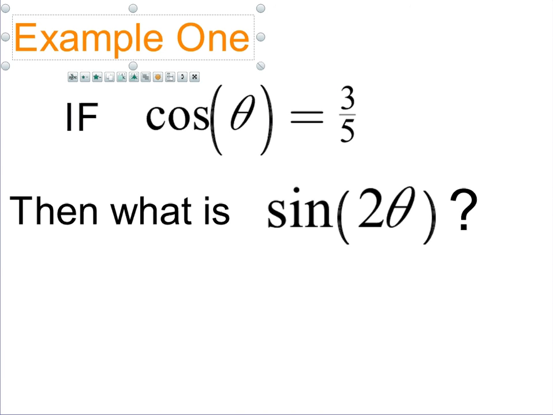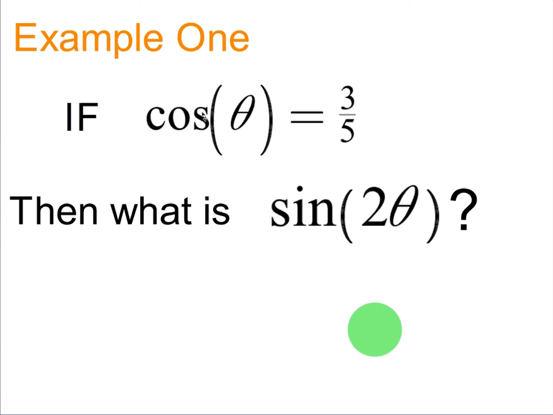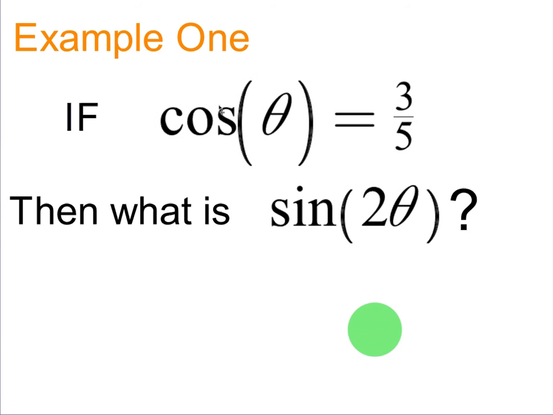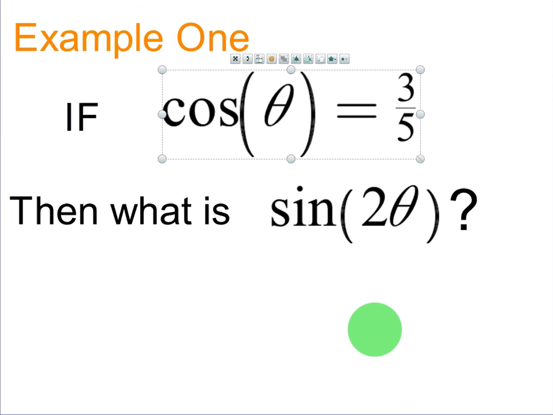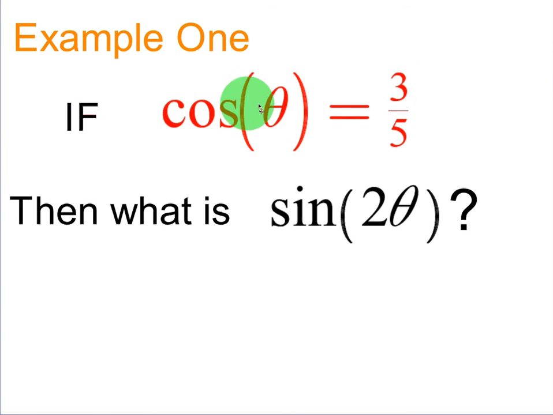Okay, so let's read this together. It says, if cosine of theta is equal to 3/5, then what is sine of 2 theta? The structure of this is that they're going to give you a trig function, usually a regular trig function with a regular angle in it. In this case, it's just a single theta.